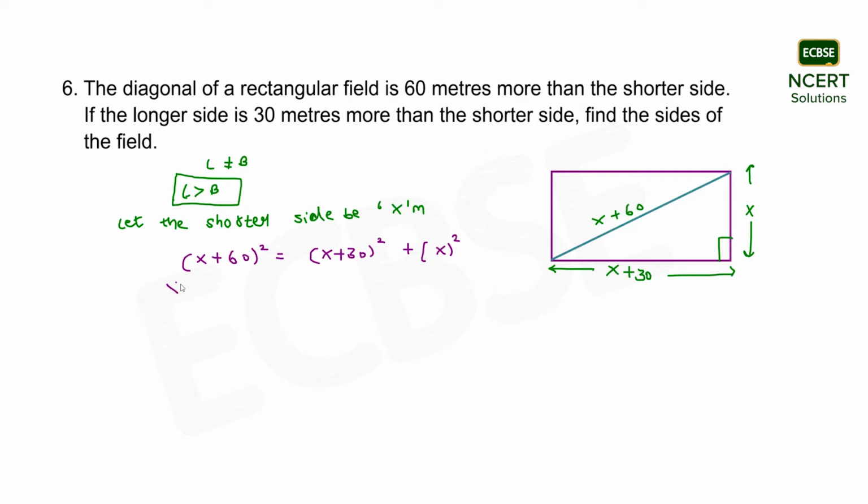So on simplifying, x^2 - 60x - 2700 = 0. Here we have obtained the quadratic equation for this problem.